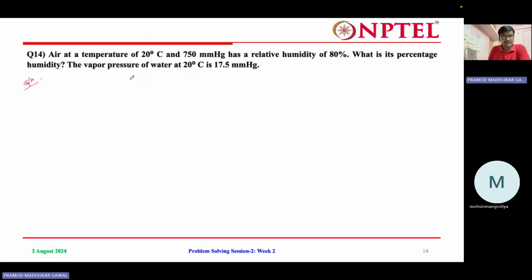So here Tg is given, total pressure given, relative humidity given, and vapor pressure PA given. We have to calculate the saturation humidity and the percentage humidity.